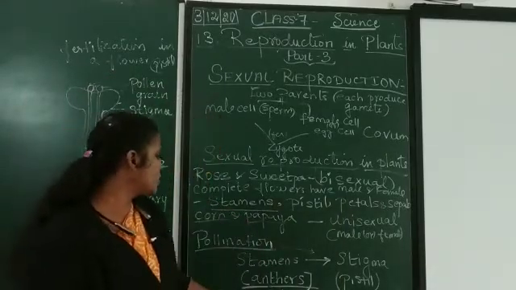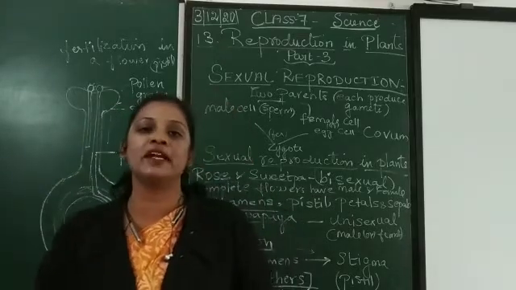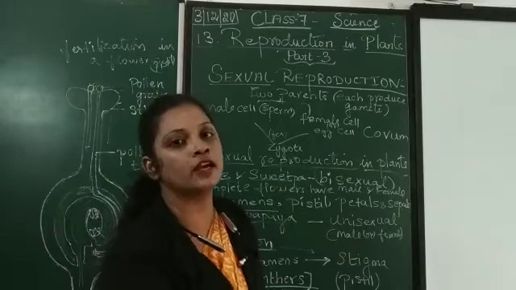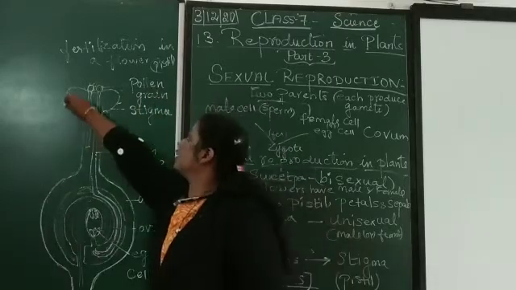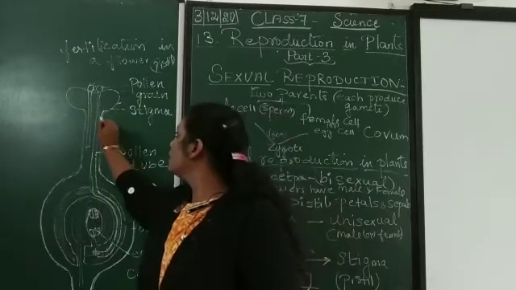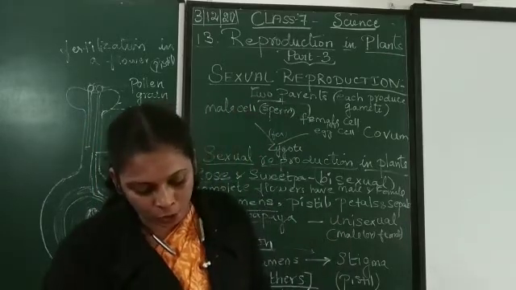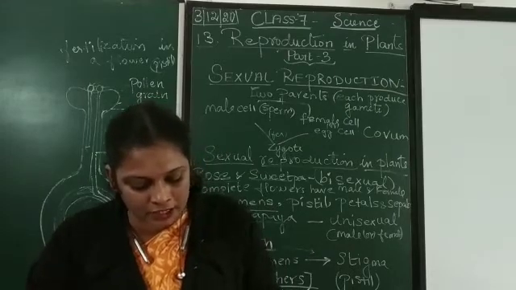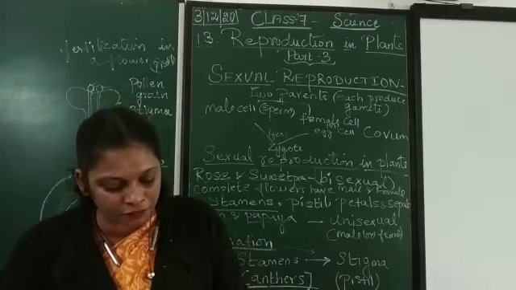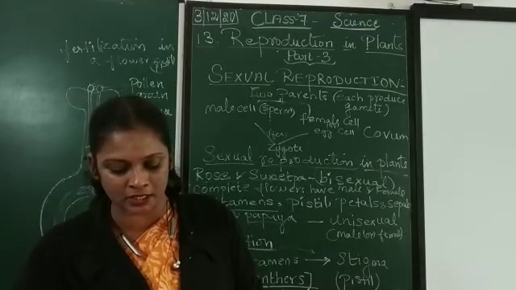And the next is through wind pollination. So wind कैसे है? If the petals आपको नहीं रहेगा, then what happens is these parts are exposed to the surroundings. So what happens? This pollen grain is moved by the wind to the stigma of the other flowers. This happens mostly in plants which are flowers with small petals or they don't have petals.